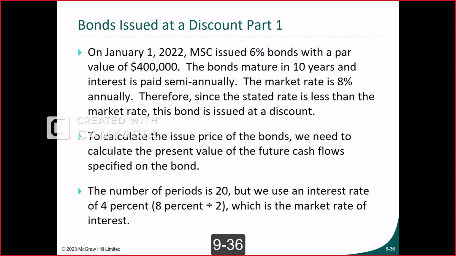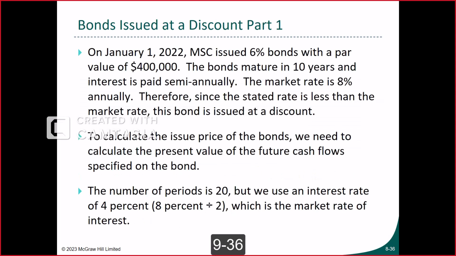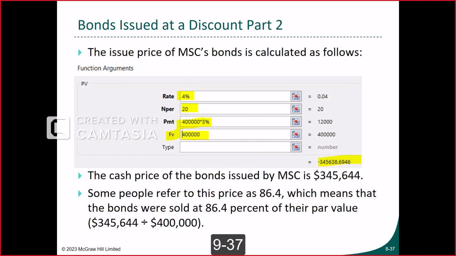So in this case, the market rate for a year is 8%. Then the equivalent market rate for the interest period of 6 months is 8% divided by 2, that is 4%. N is the number of payments. So we have 10 years semi-annually, so 2 payments per year, 2 times 10, that is 20. And then Excel will ask you what would be the periodic payment.